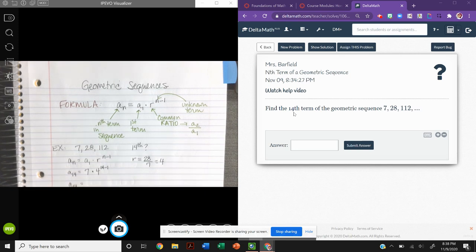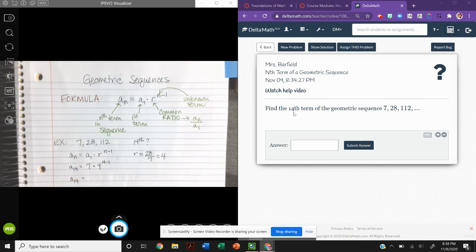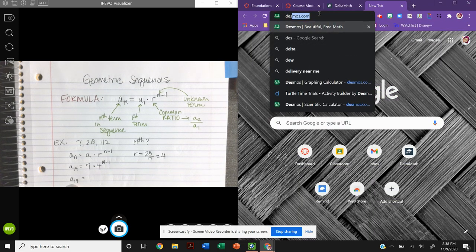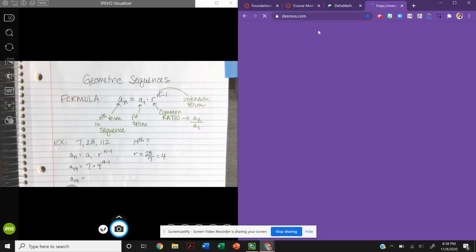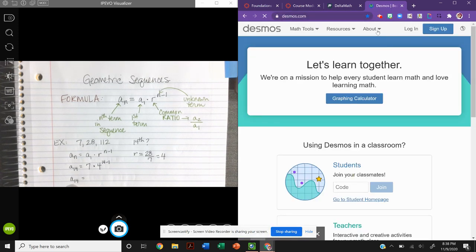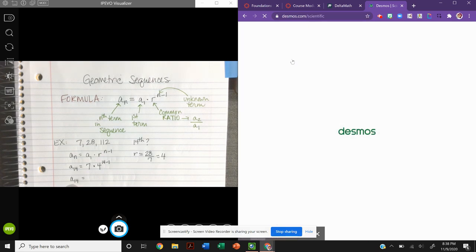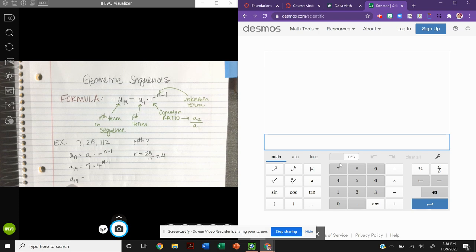Then you're going to take a calculator because these numbers are going to get really big really fast. So let me open up Desmos, and I'm going to open up just a scientific calculator. I'm going to type in 7 times 4 and then exponent.